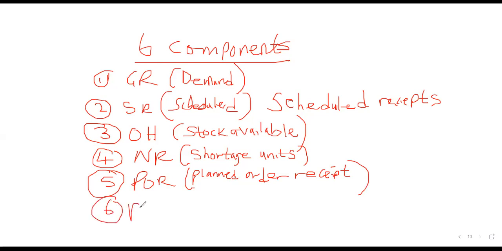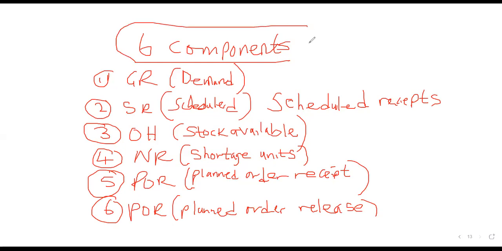So you have the planned order release. So these are the 6 components. All right, so this is the order in which we need to present our MRP.